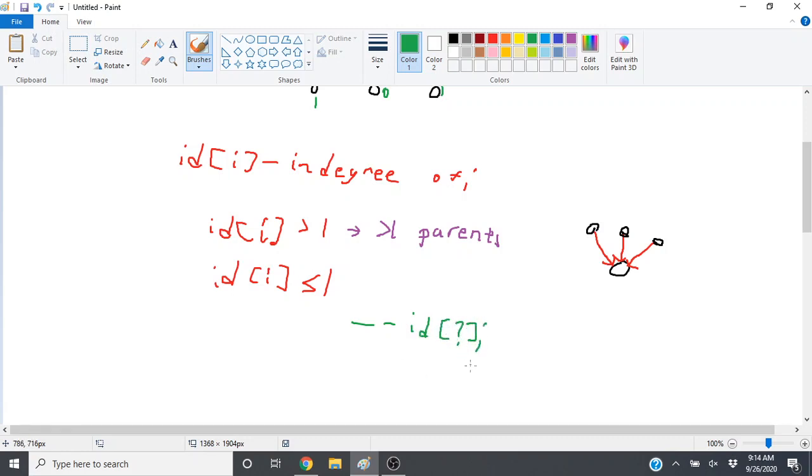This is decrement, essentially. So we reduce it by 1. And so minus, yeah. So let's say we get rid of this edge.